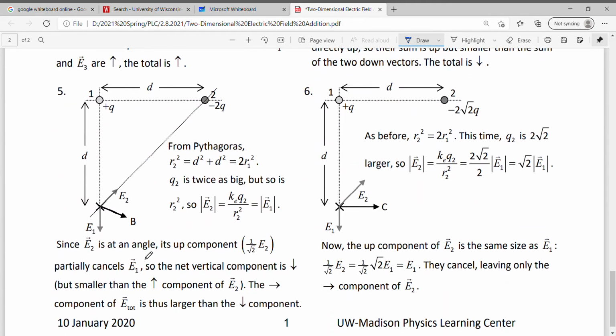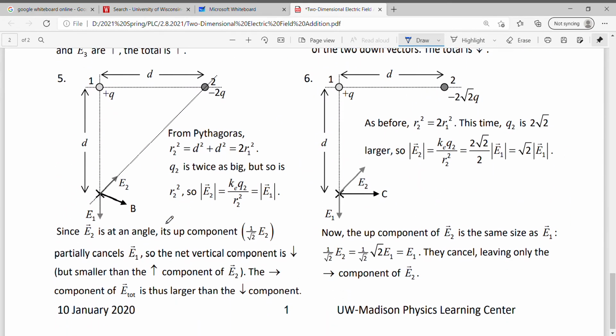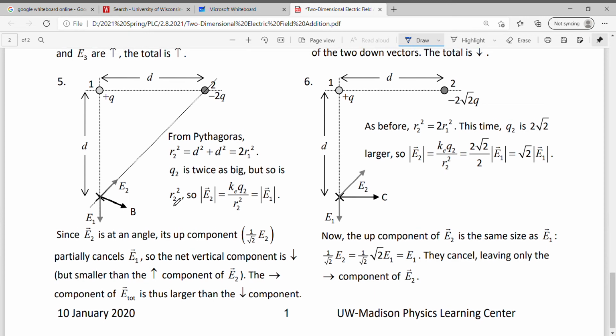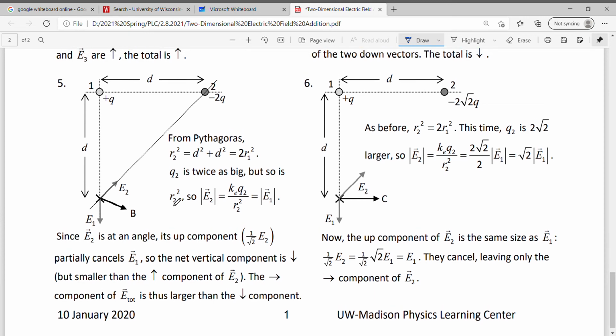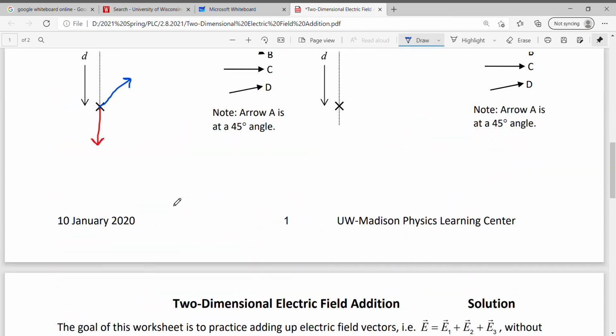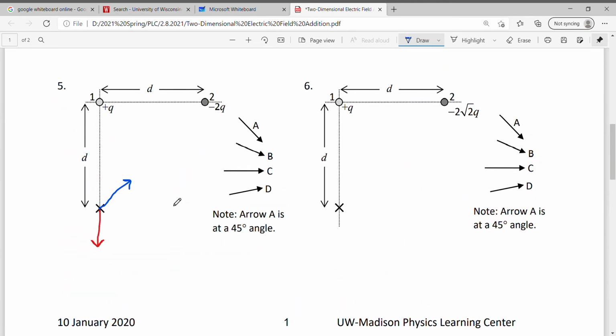We need to figure out the magnitude of E1 and E2, because otherwise we cannot know where the summation of these two vectors points.